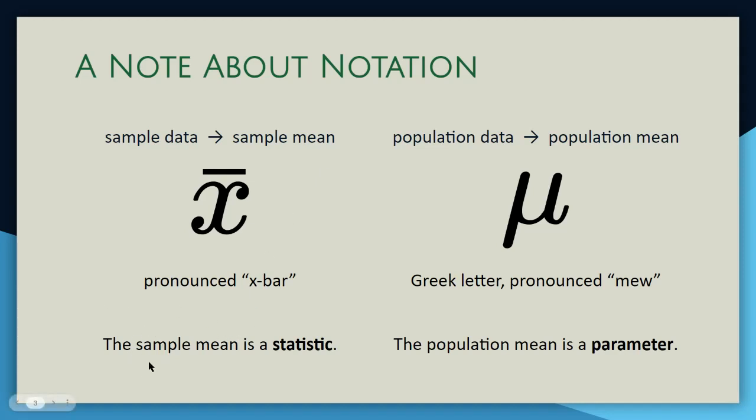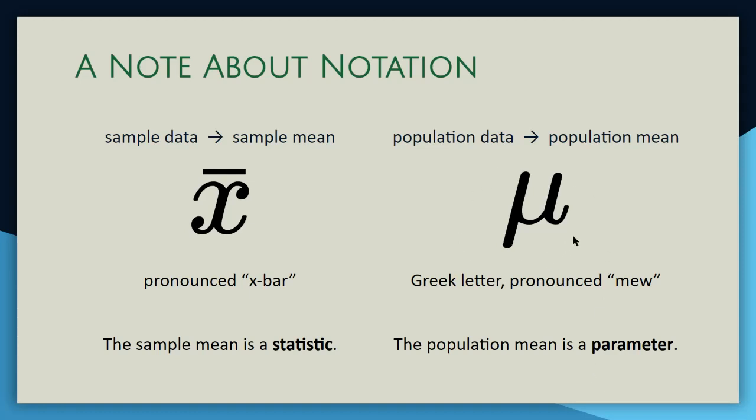Because it is a value calculated from sample data, it is a statistic. The value calculated from population data is represented by the Greek letter mu. So it's like a U, but it's got a long tail in front. This is a population parameter.